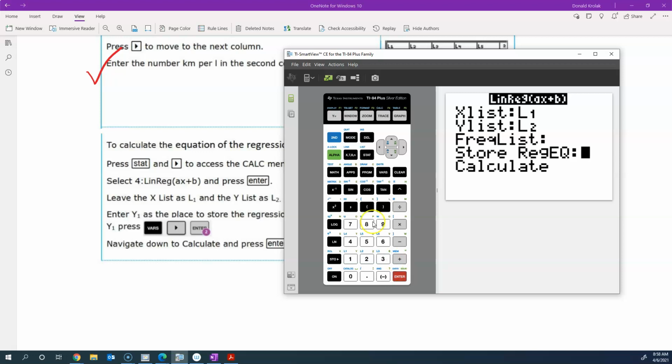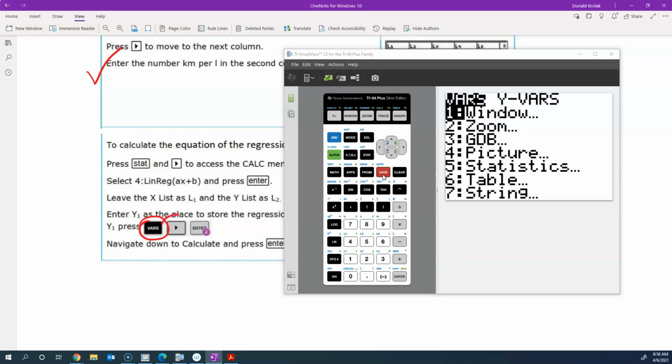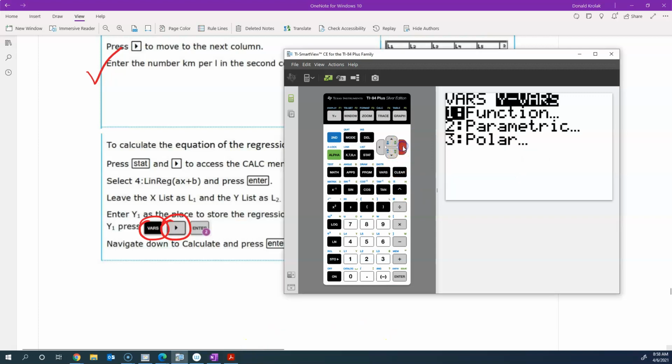Here's how you put y1 there. You're going to press the key that says VARS, variables. Then you do the right arrow, and then you choose enter 2 times.